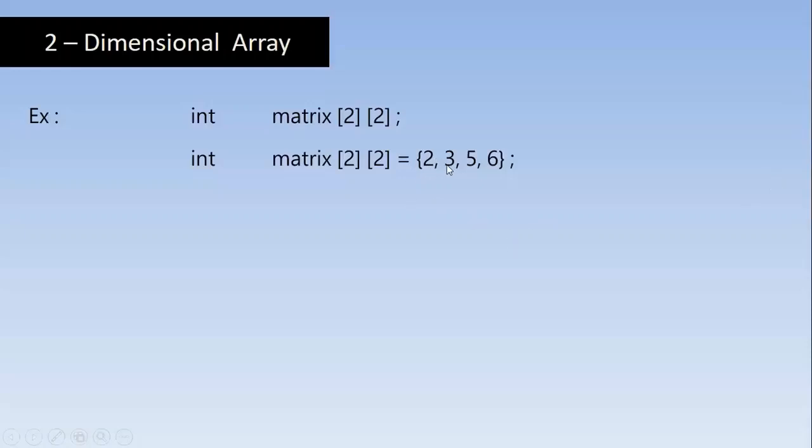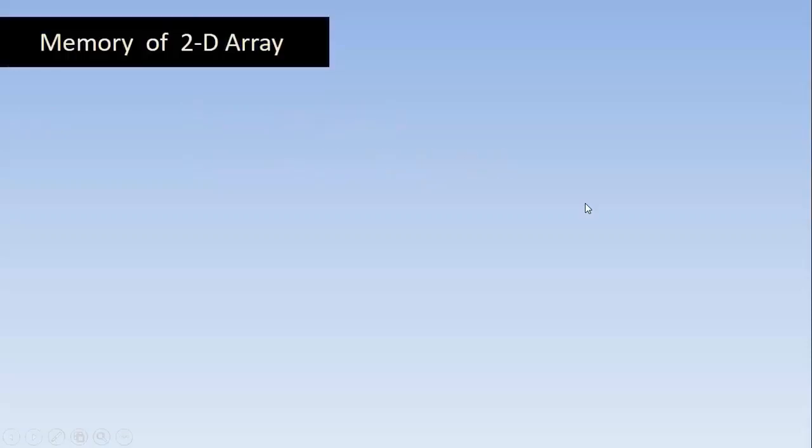So the first two elements will be stored in the first row, and 5 and 6, the last two elements, are stored in the second row, that is in the third and fourth place. So let's look at how the memory of 2D array looks like.